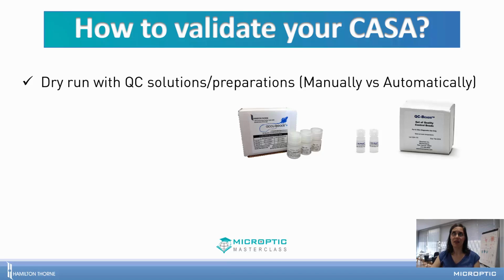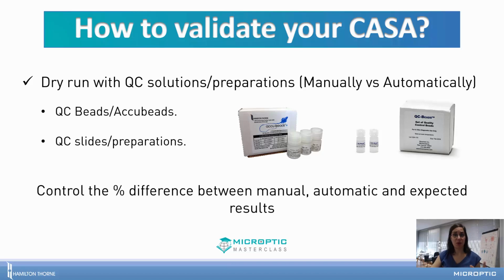And a thing that is normally omitted during the validation is to perform a dry run with QC solution or QC preparation. This is to control the variation between the manual assessment against your standard and the automatic assessment against the standard.